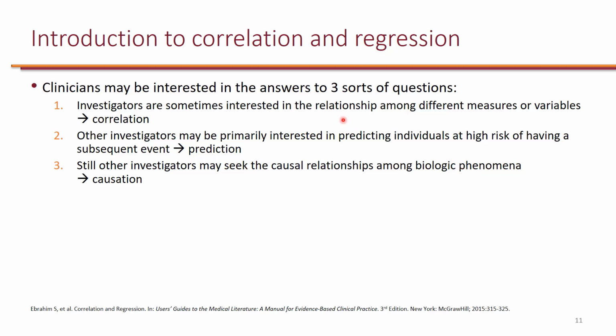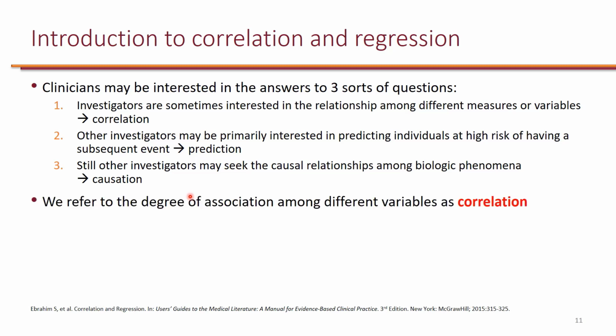We want to know if there is a relationship among different measures or variables, and for that we look into correlation. We also want to know if we can predict individuals at high risk of having a subsequent event. And for this, we look at predictions. And of course, we're interested to know if there are causal relationships among biologic phenomena. And for this, we look at causation.